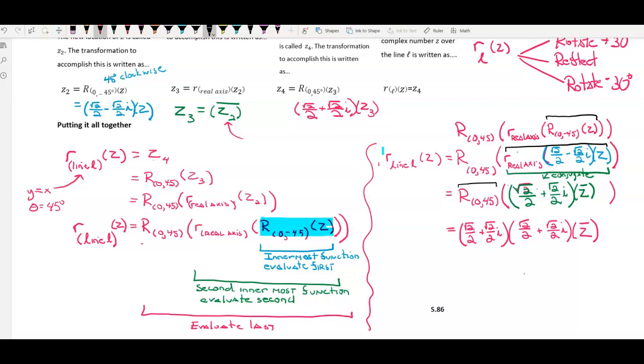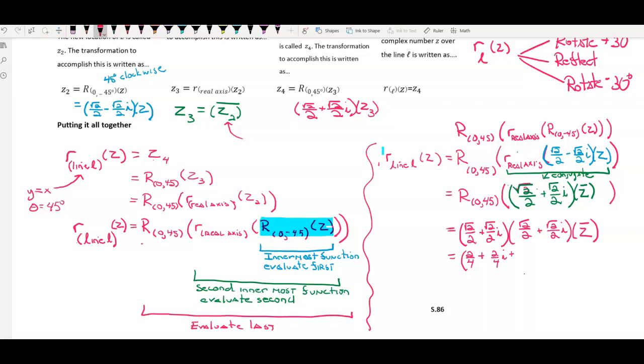So now to get your final answer, you're just going to multiply this out. Root 2 over 2 times root 2 over 2 is 2 over 4, or 1/2, plus root 2 over 2 times root 2 over 2 i is 2 over 4, or 1/2 i.